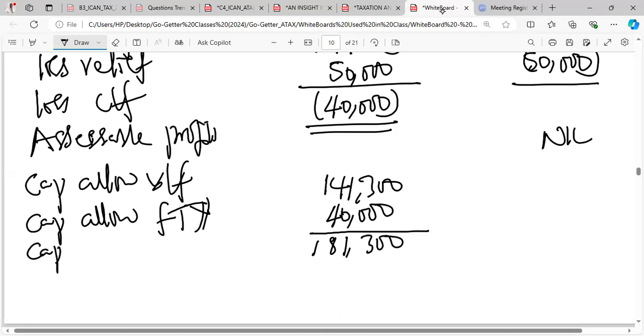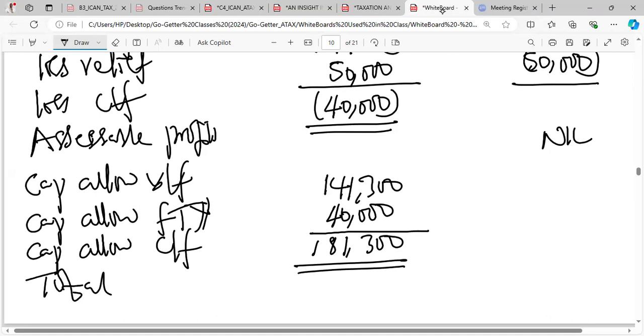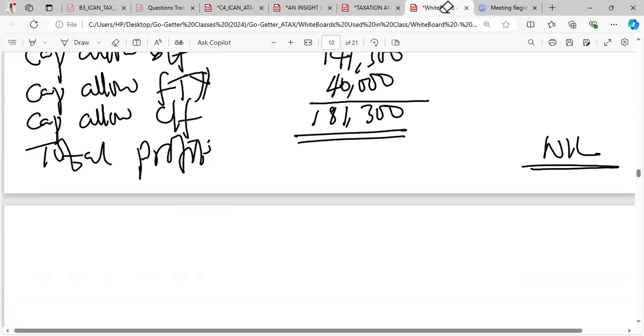So this is capital allowance carried forward. Total profit, nil. That's the sort of thing you'll be seeing in loss relief.